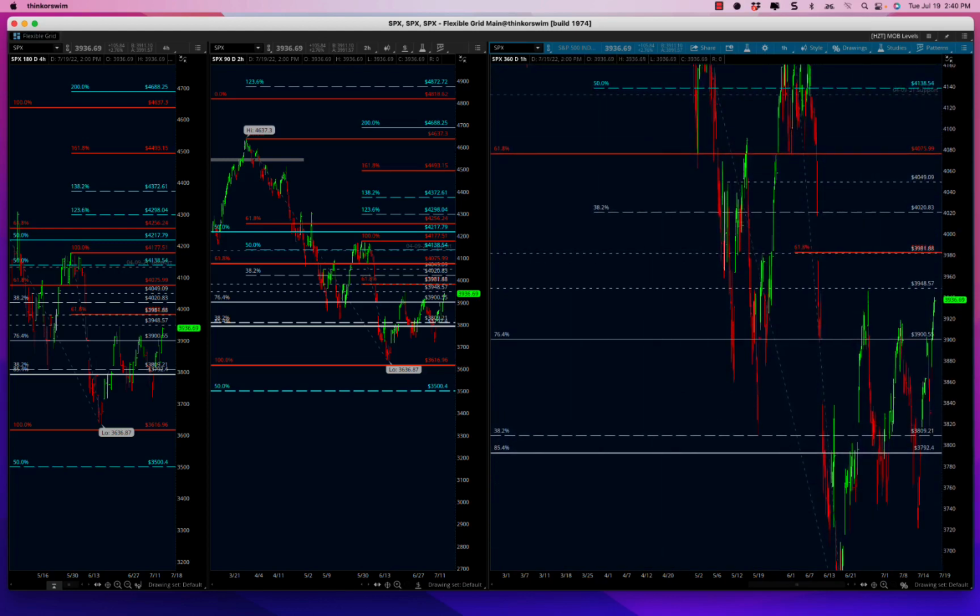Your fib work is now confirming that you've got a very valid target. Price told you on this bounce that that level was important. So the next time you come back and visit, you best believe that price will have some reaction at that level.